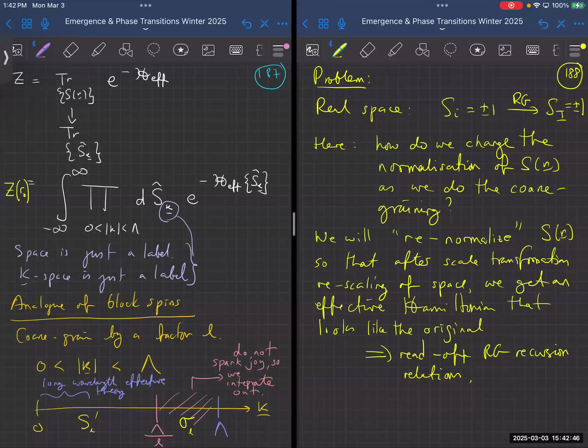We've integrated out Fourier components between lambda over L and lambda, but we want to have a theory effectively defined from naught to lambda. So we're going to have to make a scale transformation on space. And when we make a scale transformation on space, we're also going to have to make a scale transformation on S. Okay, and that's the renormalization, literally changing the normalization of S to do that.